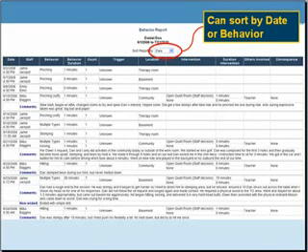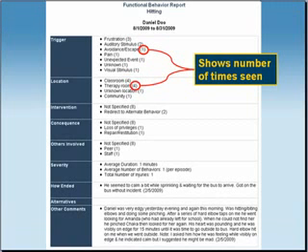Another option, if you want to look more in depth at specific behaviors, is the functional behavior report. This particular report is showing the behavior report for hitting, and it shows the period examined and the total number of times each of the triggers was seen when we had hitting.